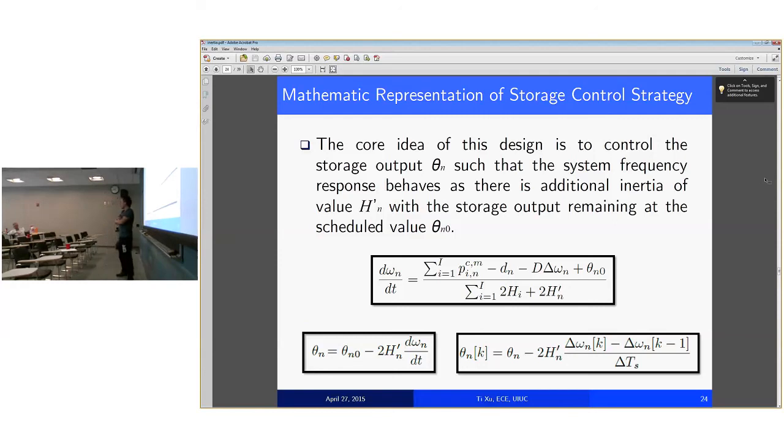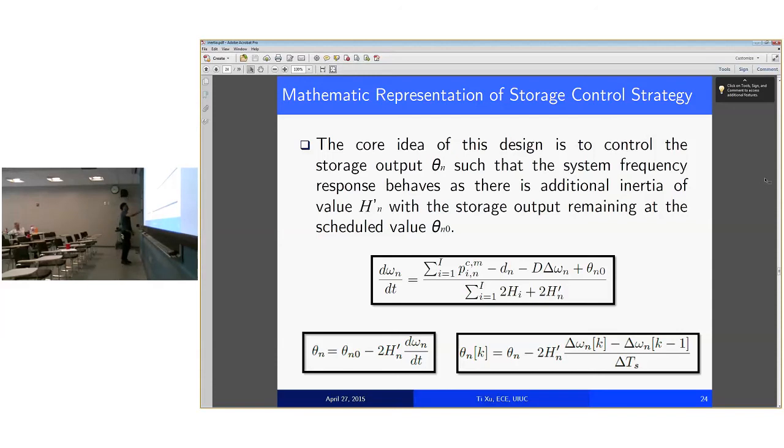Okay, so in some sense your Hn prime is a function of theta. You can have H prime n as a function of something, but you can also fix it. Like you want to say the storage must provide a 1 second inertia or 2 second inertia. Right, I'm just trying to get a better intuitive feel for how I actually set that.